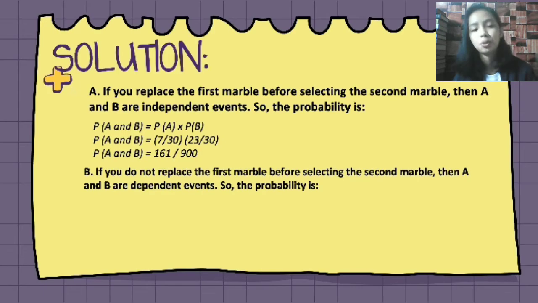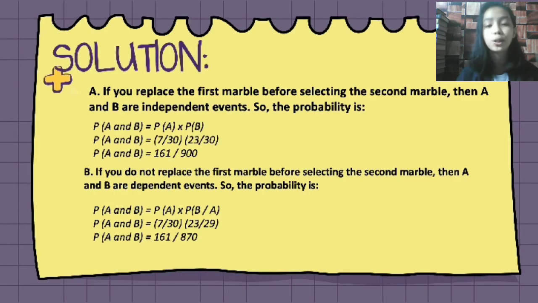Now for question B, the formula we will use is the one for dependent events, since it was stated that the marble is not replaced this time. So, the probability of A and B is equal to 7 over 30, since there are 7 blue marbles and 30 marbles in total, multiplied by 23 over 29, since there are 23 marbles that are not blue and 29 as sample space because we've already drawn the first marble in event A. Simplifying the equation, we have the probability of A and B equal to 161 over 870.